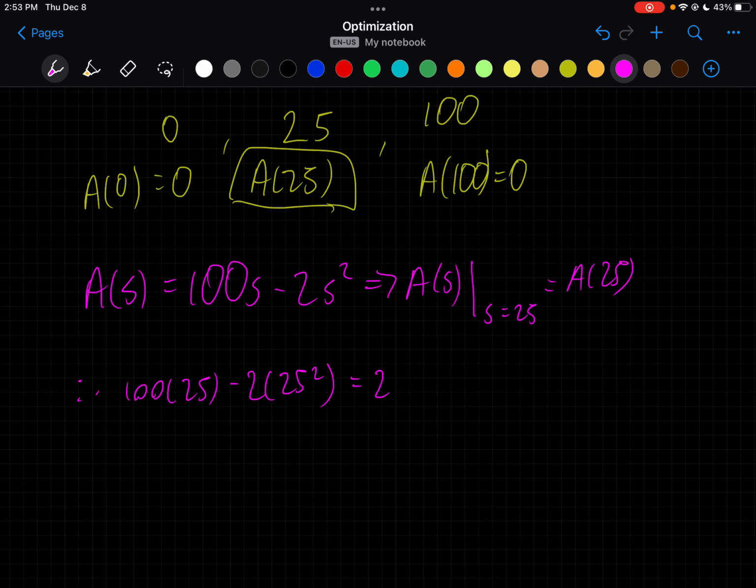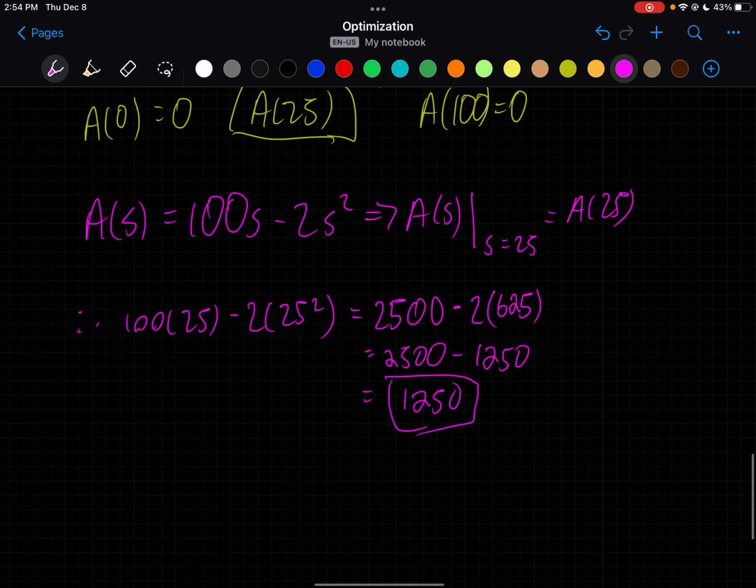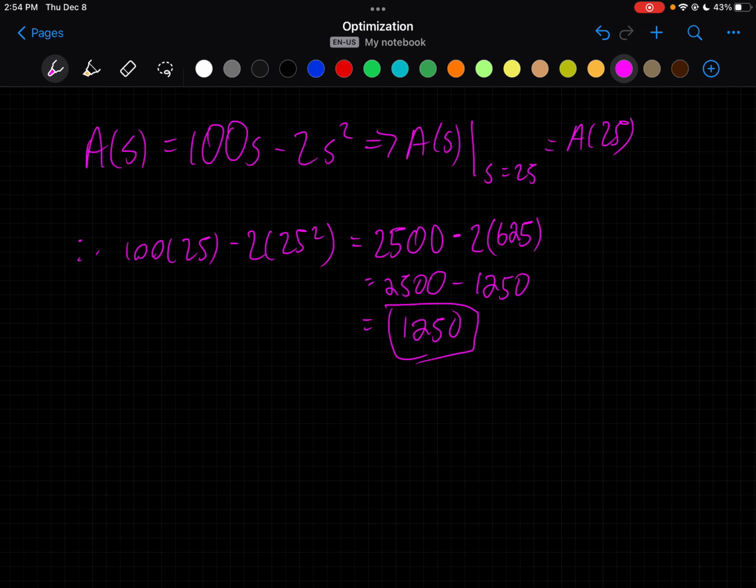Let's try to do this. 2500 minus 2 times 25 squared, which is 625. And 2 times that is 1250. So 2500 minus 1250. Oh my goodness, we got 1250. That's non-zero. And that is surely, ladies and gentlemen, our optimal area.